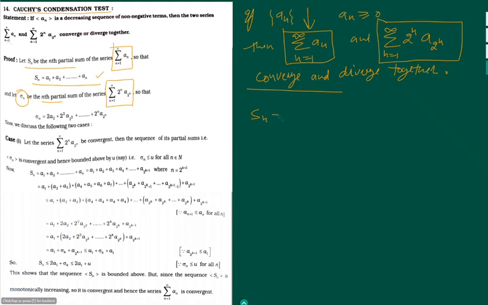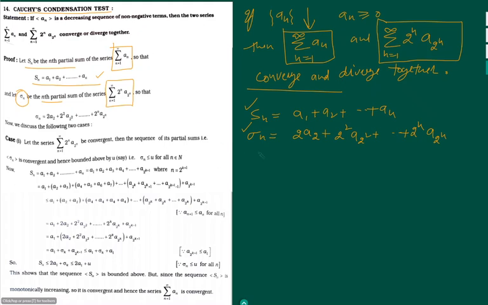So Sn is the sequence of partial sums of the first series, and sigma n is the sequence of partial sums of the second series, that is, 2a2 plus 2 square a of 2 square, up to 2 to the n, a of 2 to the n.